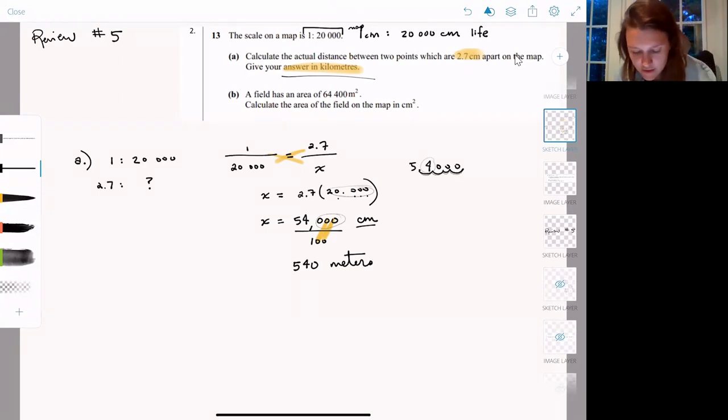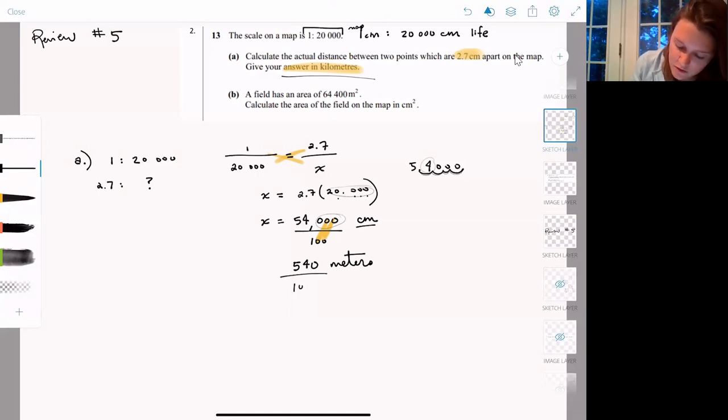So then if I want this to be kilometers, I know that there are 1,000 meters in a kilometer. So that would bounce 1, 2, 3, it'd be 0.54 kilometers.